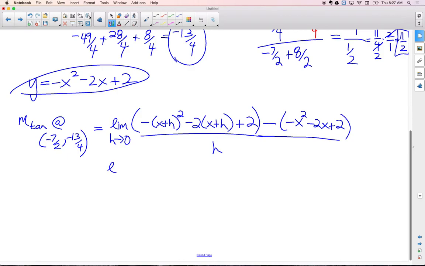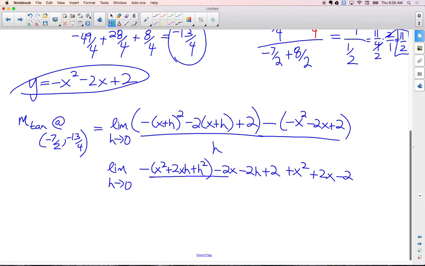So then we get the limit as h approaches 0 of the opposite of x squared plus 2xh plus h squared, in parentheses, minus 2x minus 2h plus 2 plus x squared, distributing the negative, plus 2x minus 2, all over h.